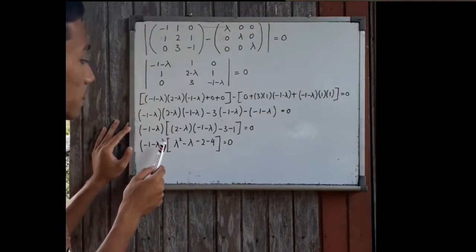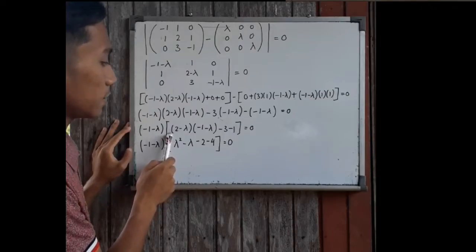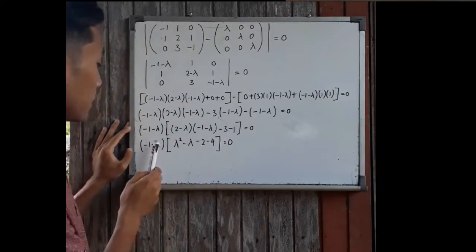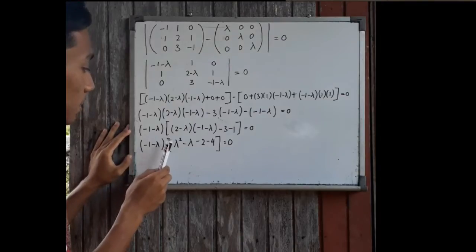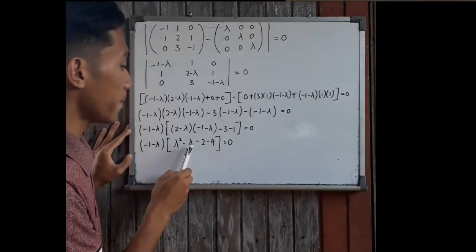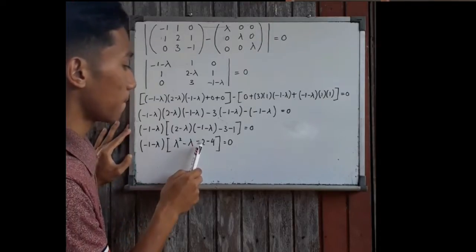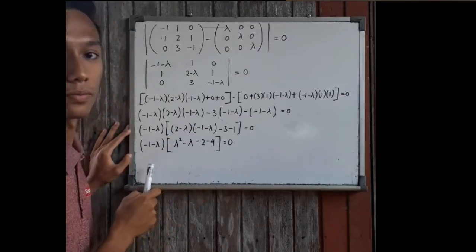And then we expand and simplify this expression, and then we get negative 1 negative lambda, lambda square minus lambda minus 2 minus 4 equal to 0.